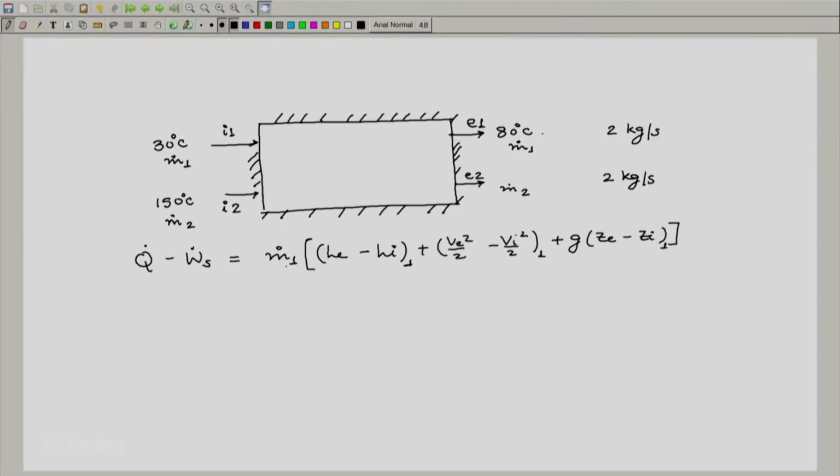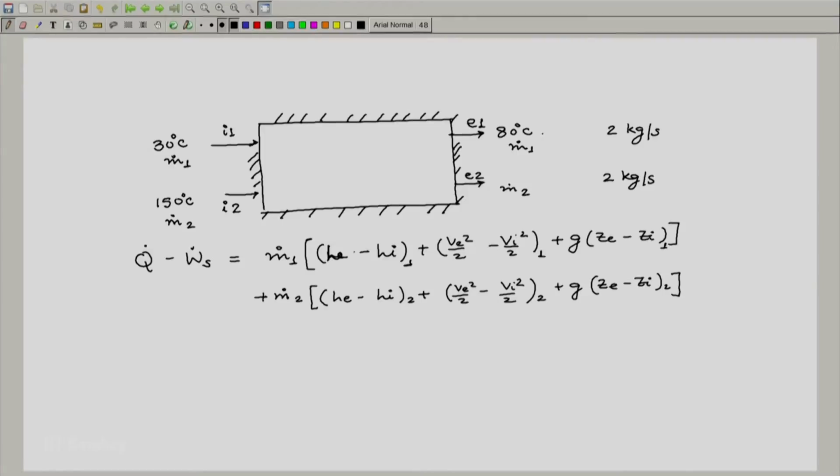Then similarly for m dot 2, the second stream, we would have gotten a similar expression. So, you notice that if there are two streams, steady, and if they are not mixing, we can just write the same first law for an open system.